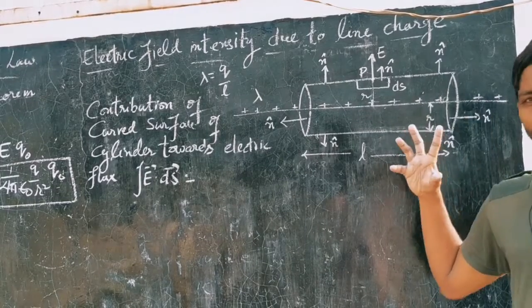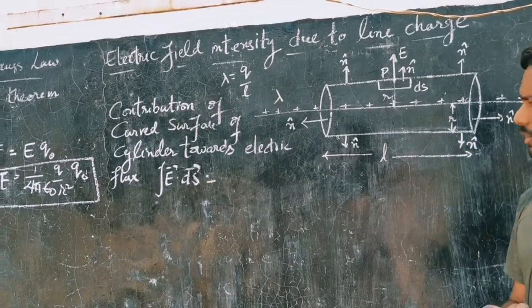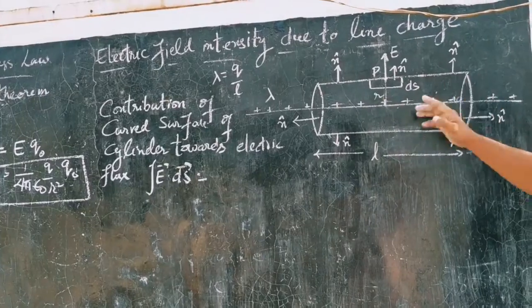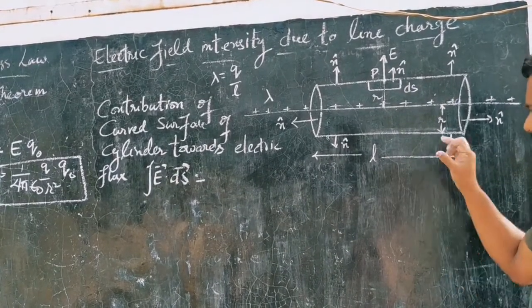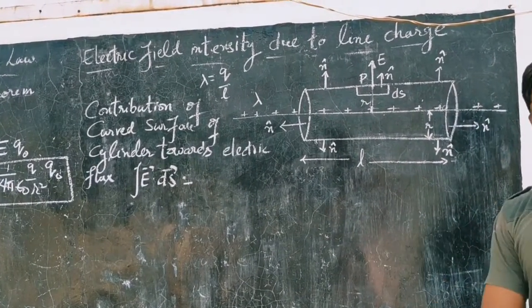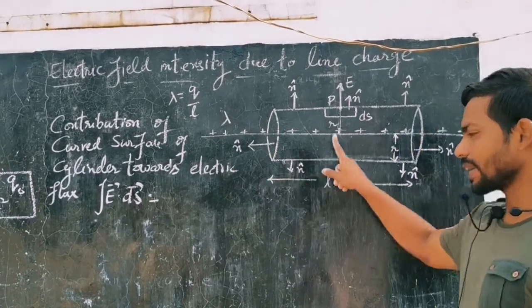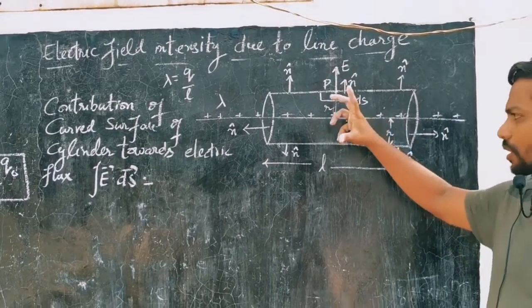For this what we do, we will imagine a right circular cylinder. This is the right circular cylinder of length L and radius r, ensuring that this line charge is exactly on the axis of the right circular cylinder.